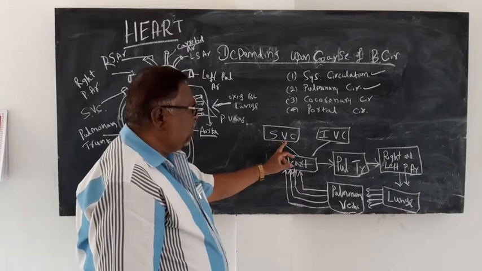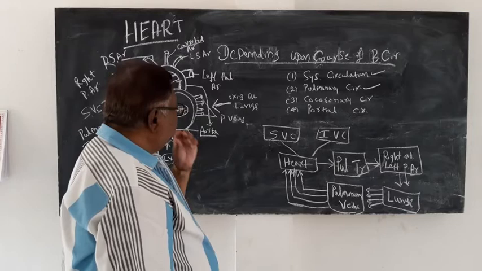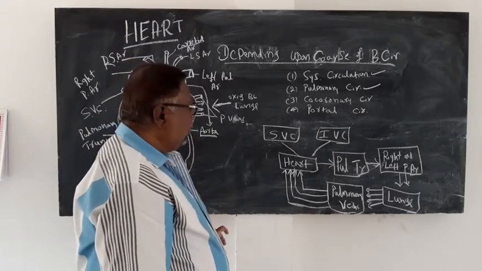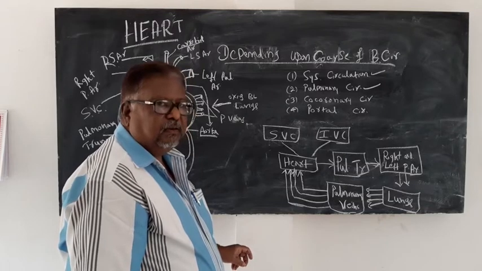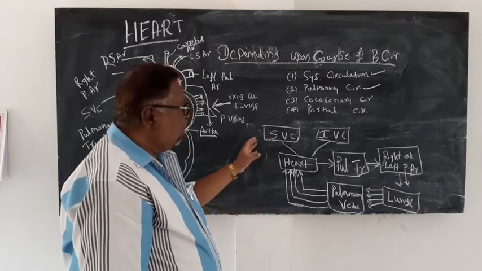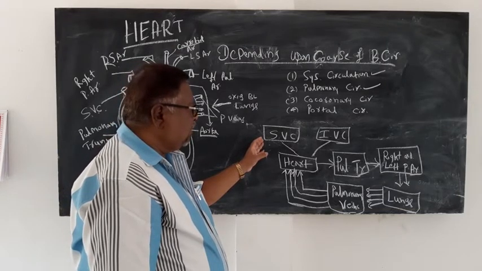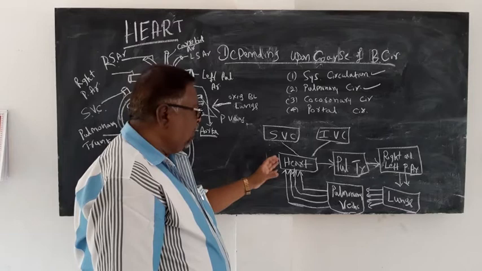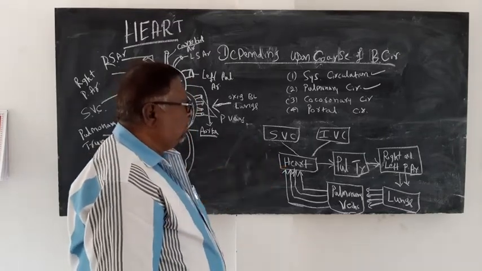Likewise, the superior vena cava brings the venous blood from the superior part of the body, that is the head, chest, then arms. So from all the superior part, venous blood is collected by the superior vena cava and poured in the right auricle.